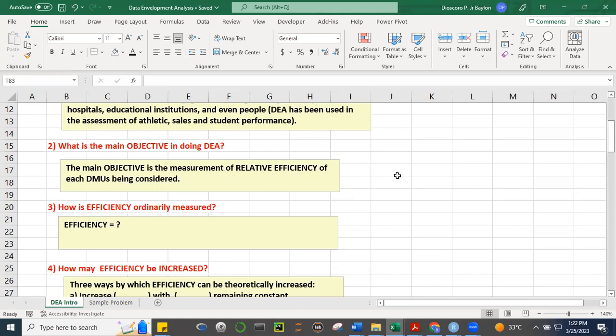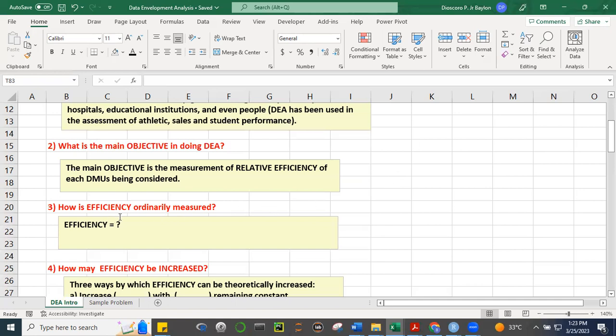So you're given DMUs, you know their outputs and their inputs, and you use linear programming to determine which of these units are relatively efficient.